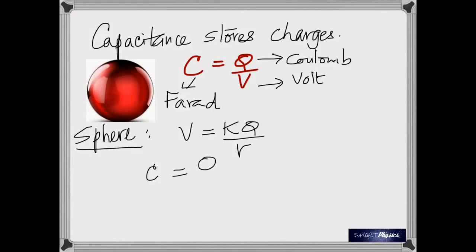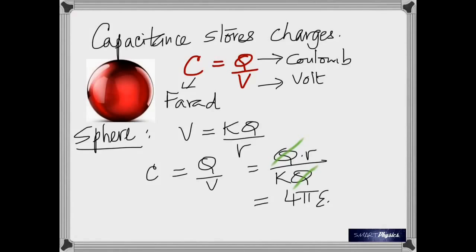So the capacitance of the sphere is now the ratio of charge to voltage. On substituting this, the q's cancel out and you get 4 pi epsilon naught r. Why? Because k is 1 by 4 pi epsilon naught.